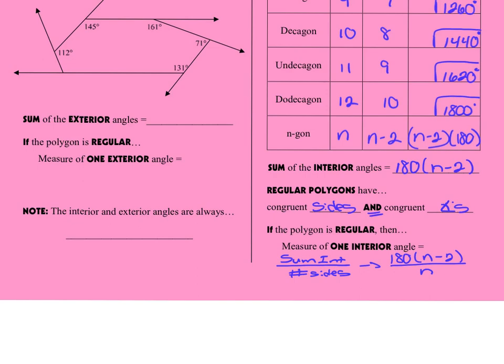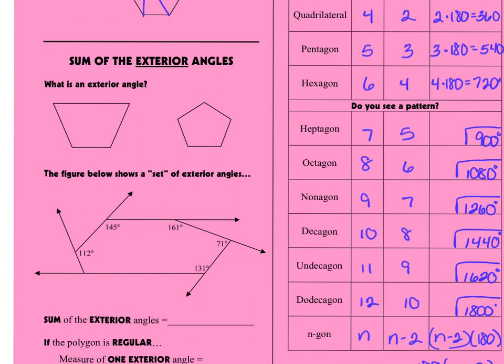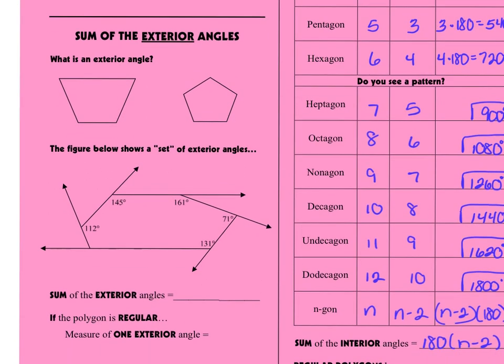Now, the last thing that we're going to do is come back here to this left side, and look at exterior angles. We need to remind ourselves, what is an exterior angle? An exterior angle is found by simply extending any side in the polygon, and it doesn't matter what direction you extend it.